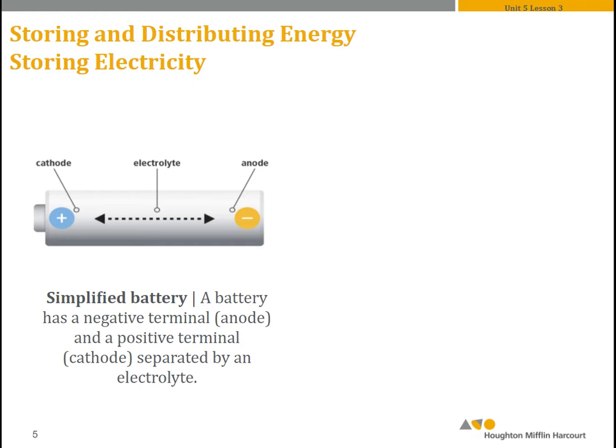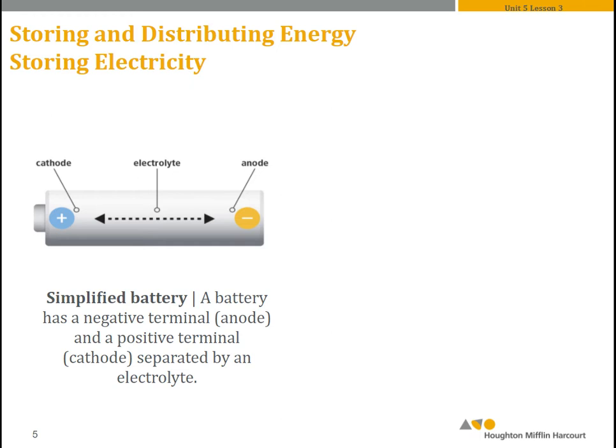It conducts current in the form of positive and negative ions. So an electrolyte is some mixture of positive and negative ions that can carry current between the cathode and the anode.